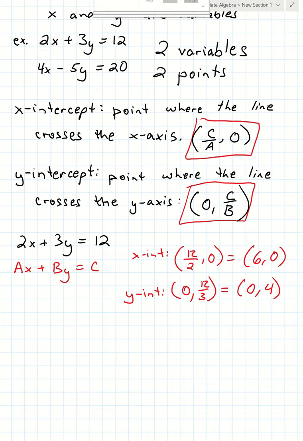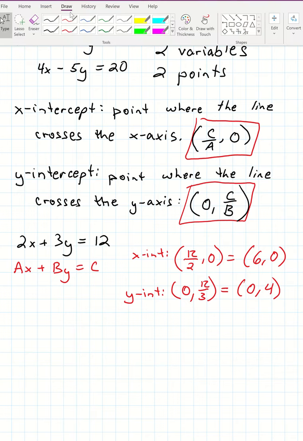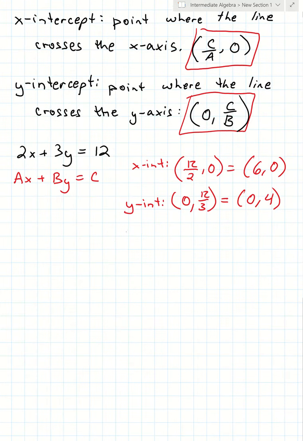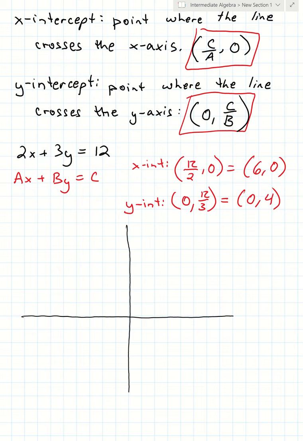So let's start by drawing our coordinate plane. Here's our coordinate plane. Next, we have to plot our two dots.